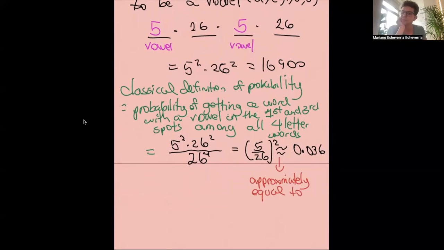So if you want to round up, it's like a 3.5% or 4% chance of getting one of these special words out of all the 4-letter words. Is that making sense? Any questions up to this point?